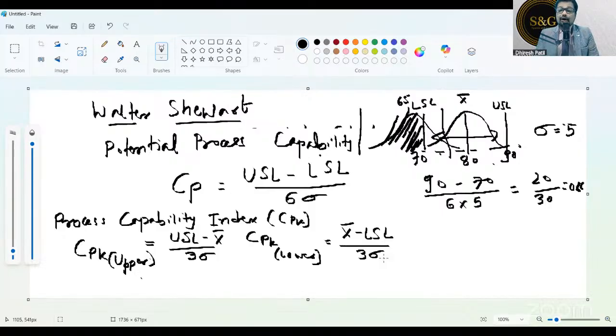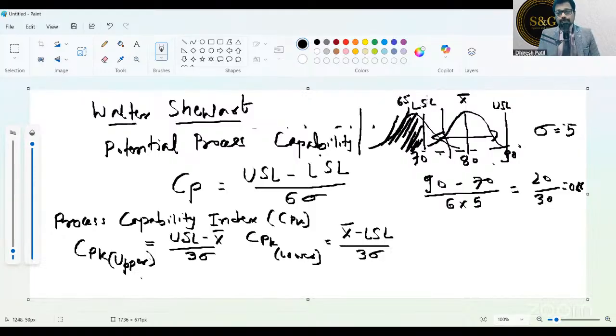Okay, now can we take this particular incident, the second scenario, into a Cpk value? Now we will calculate what our Cpk is. Cpk upper: USL is 90 minus X bar.